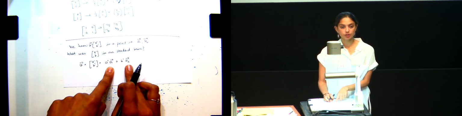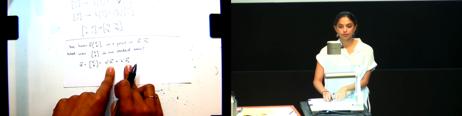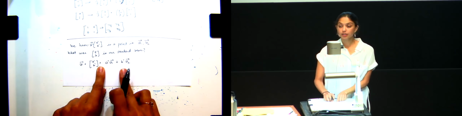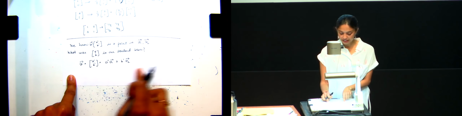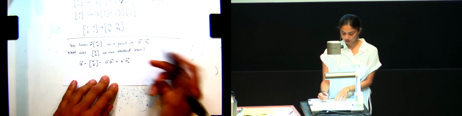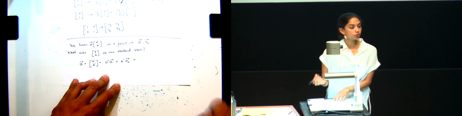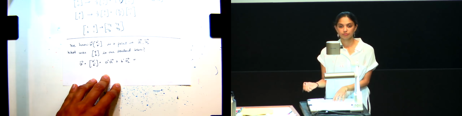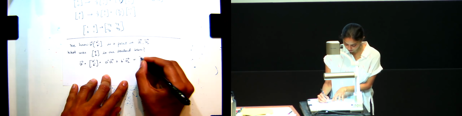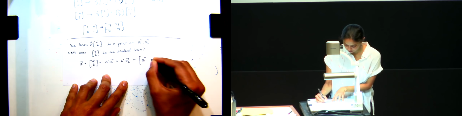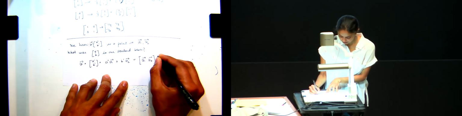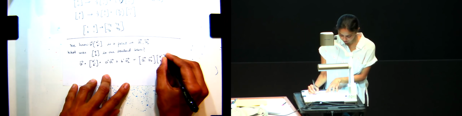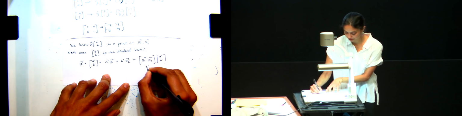I have a linear combination of two vectors, V1 and V2. This is what the definition of coordinates means. So if I was to write this as a matrix vector multiplication, what would be the columns of my matrix? V1, V2, right? So this is the same as V1, V2 times A prime, B prime. If I call this matrix V, I get that.